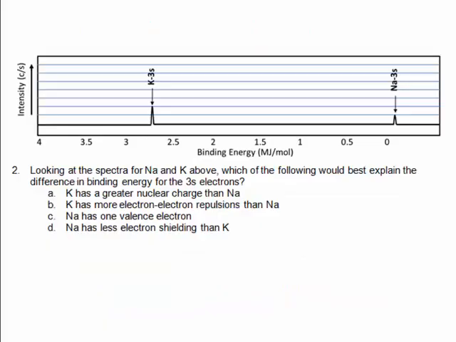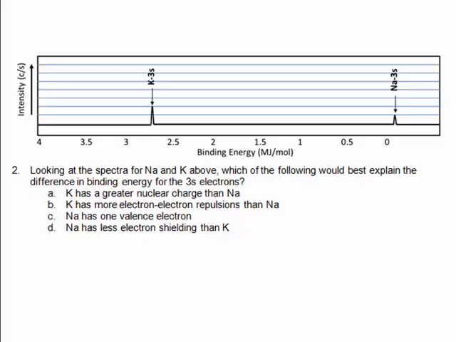When given a photoelectron spectrum, read the question. See what information is given on the graph. This question says you are given spectra for sodium and potassium. One graph showing you one peak for sodium and one peak for potassium. The question is, what explains the difference in binding energy for their 3s electrons?